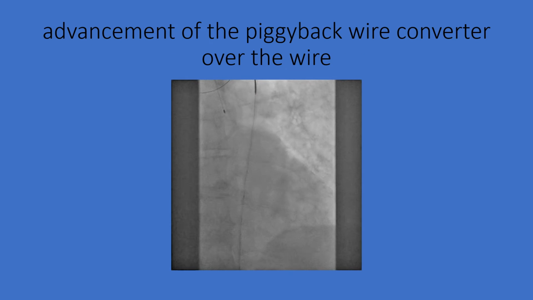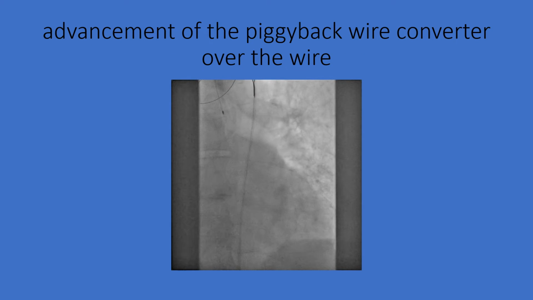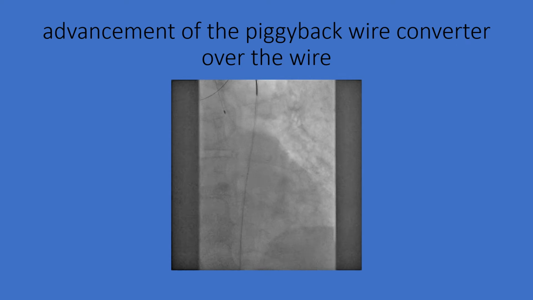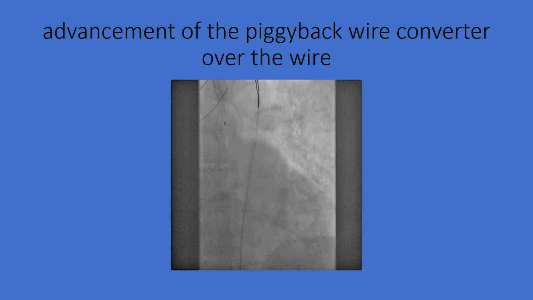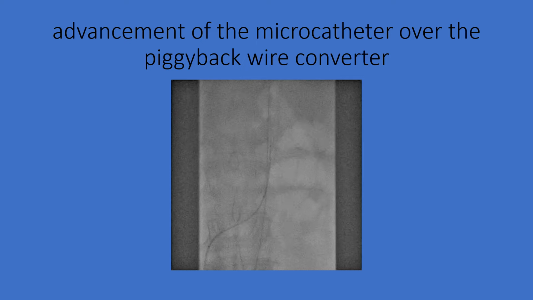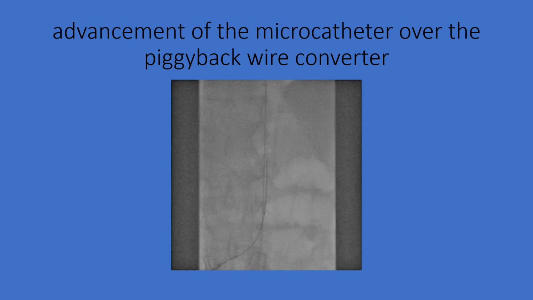Once the wire is in the aortic arch, the piggyback is advanced over the wire, and the microcatheter over the piggyback.